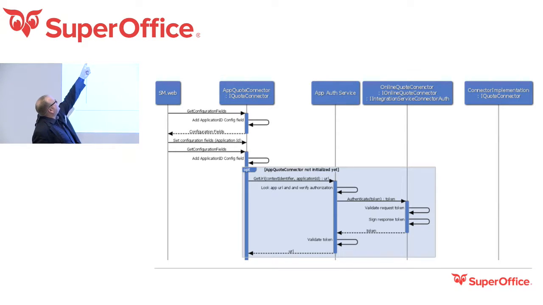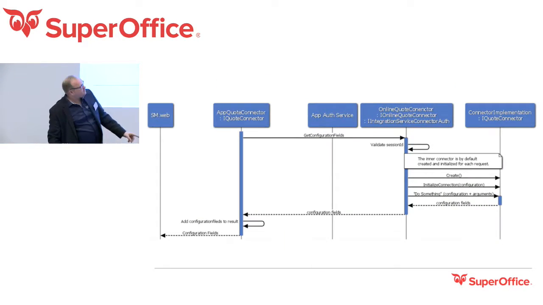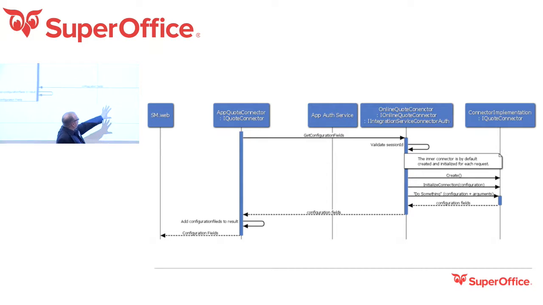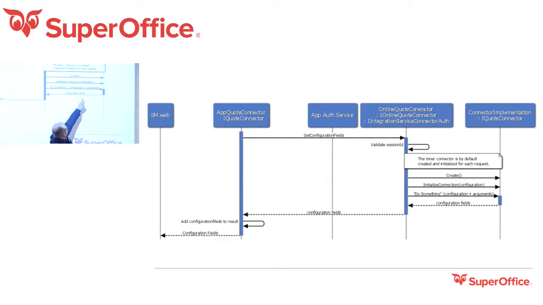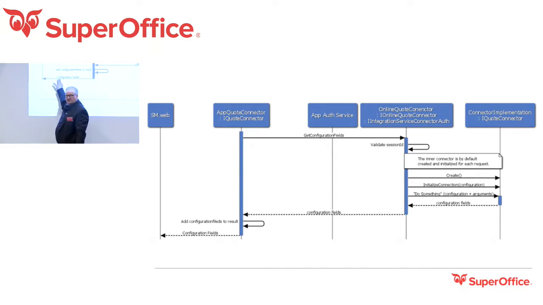The app ID was added. I returned. The second time when I had the app ID, it was able to do this authentication dance, call across, and the second configuration field was added by the inner connector. And returned back, and that's why the second time I opened the dialog, I had two configuration fields.